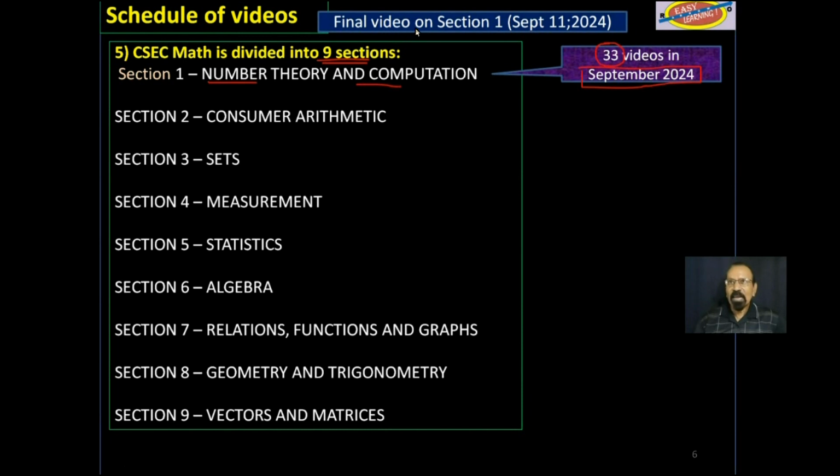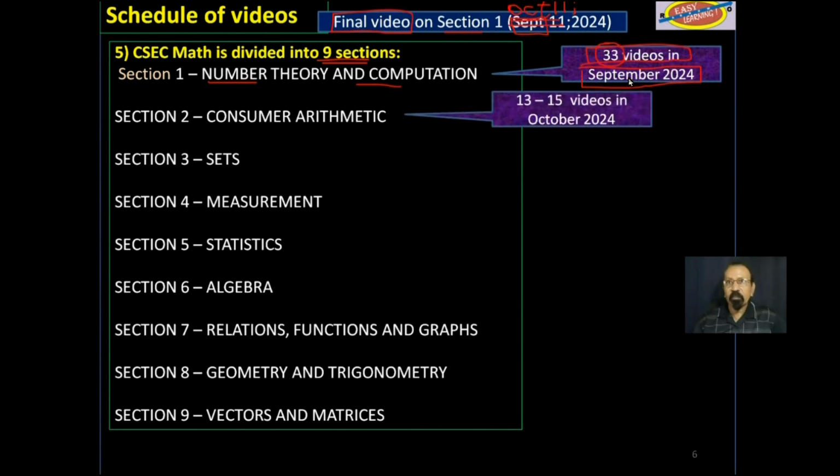However, I ran a little late with my schedule, but this is the final video in this section, even though it is now October, October 11th, 2024. So all of these 33 videos are available on YouTube in their entirety.